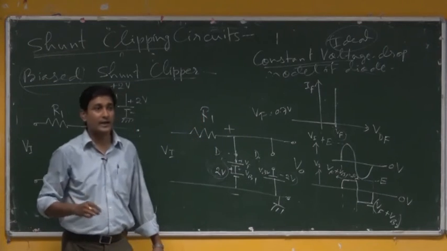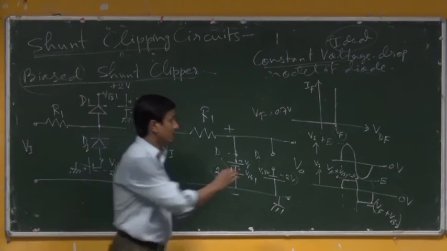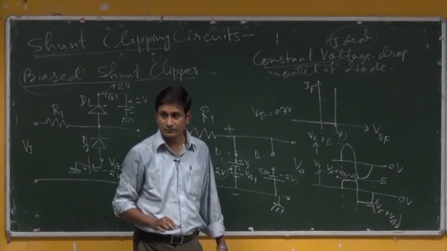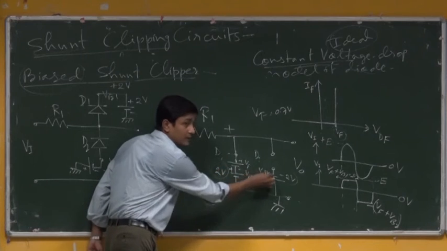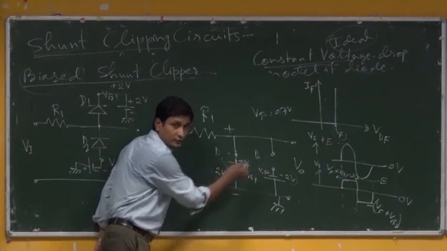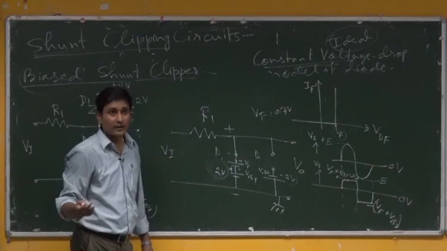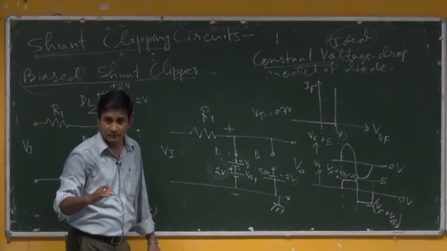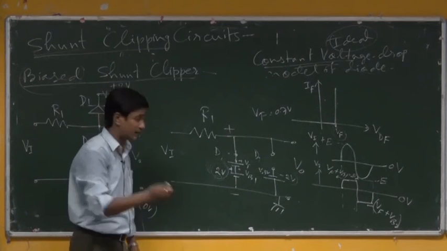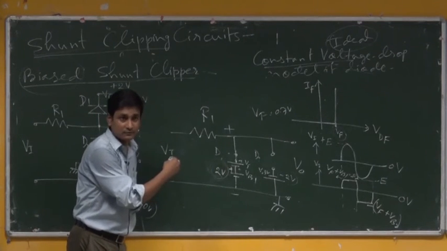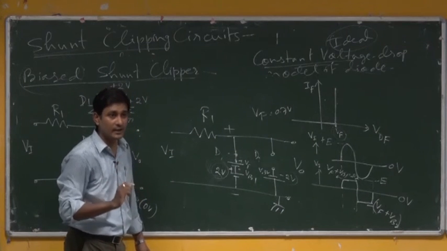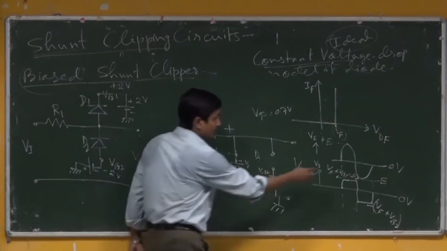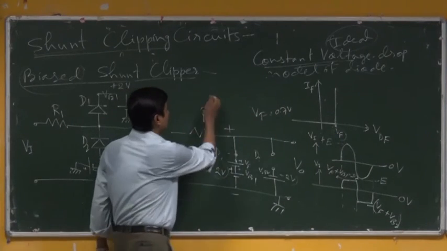Like, if I want clipping on the positive side more and the negative side less, then I will accordingly choose Vb1 and Vb2. That doesn't matter. If I want clipping at the positive side, I will consider Vb1, or on the negative side I will consider Vb2.